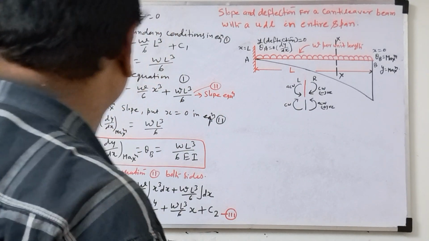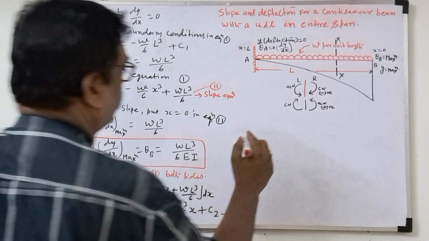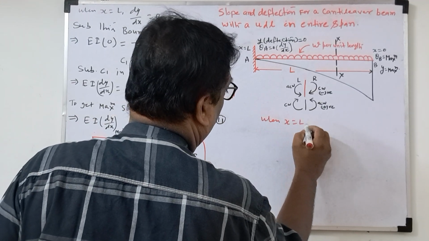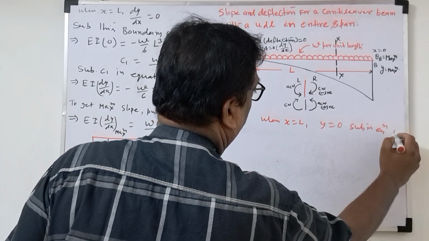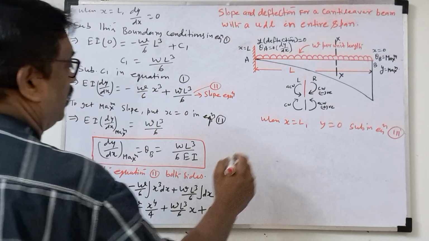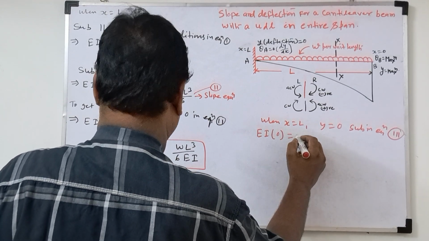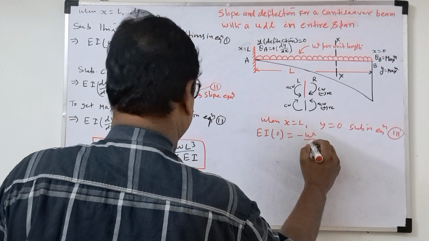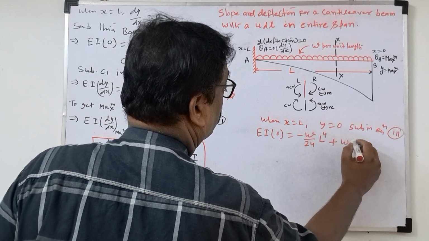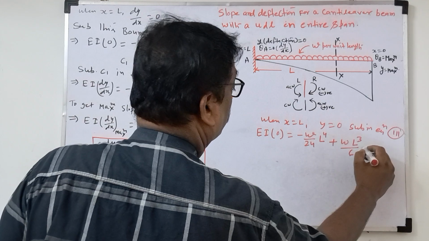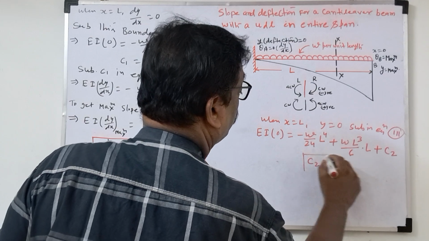Y will be 0, deflection will be 0 when x equal to L. Substitute in equation 3. So what equation will come here? EI into 0 equal to, when x equal to L, minus w by 24 L power 4 plus W L cube by 6 into L plus some constant C2.